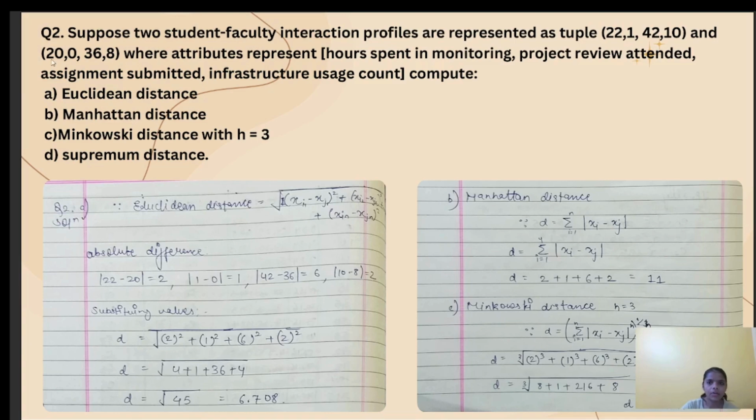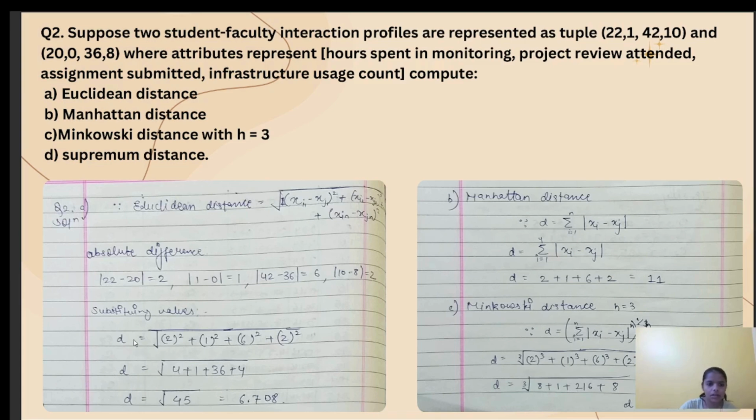Subtracting 22 and 20, the modulus value is 2. Similarly, with 0 and 1, our value is 1. With 42 and 36, our value is 6. And with 10 and 8, our value is 2. Now substituting these values into our formula.